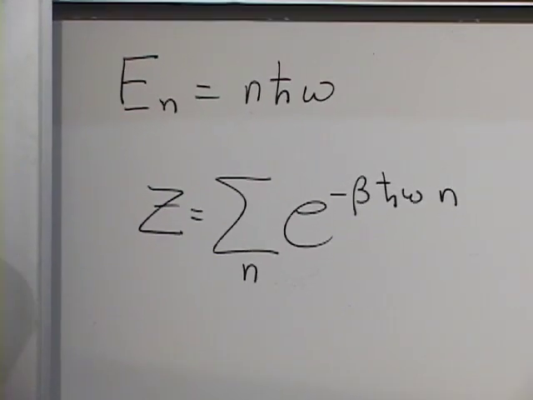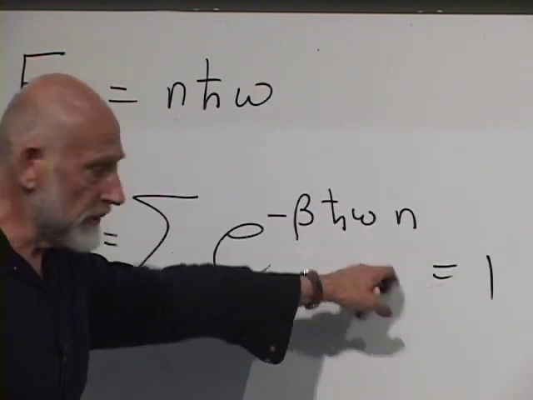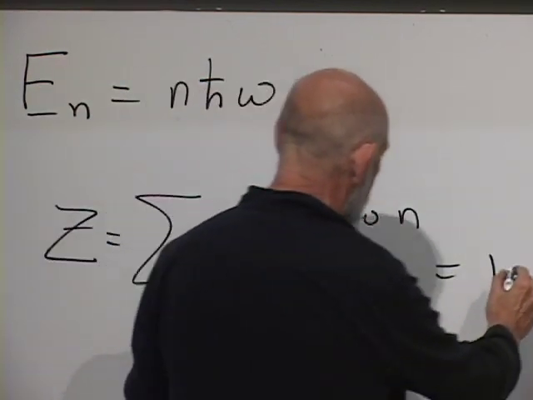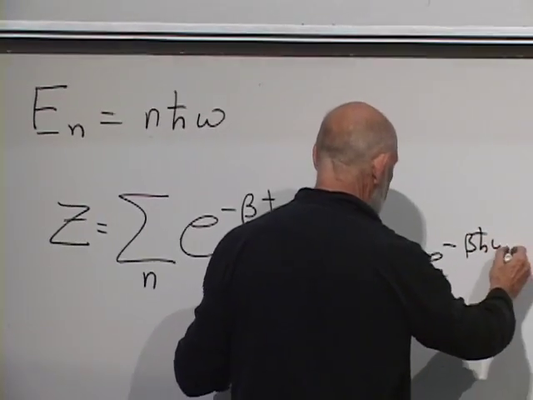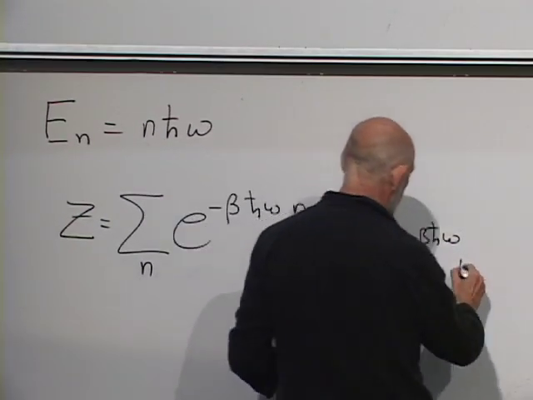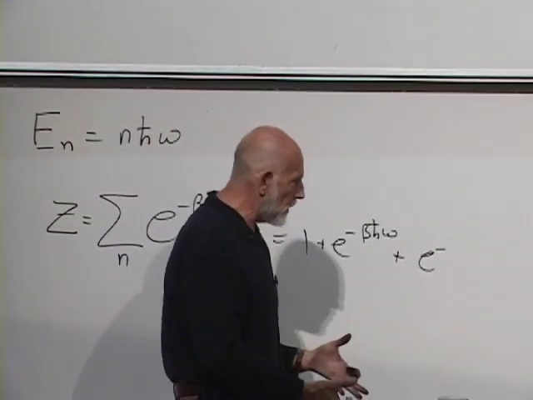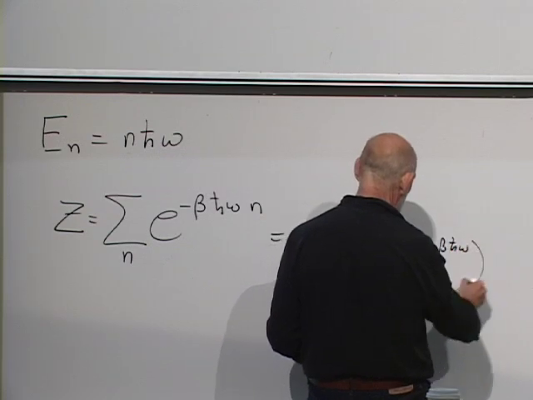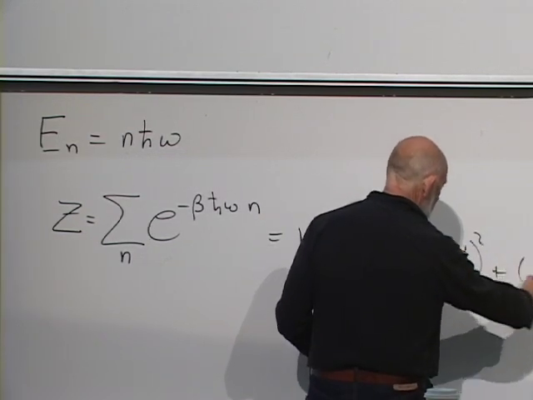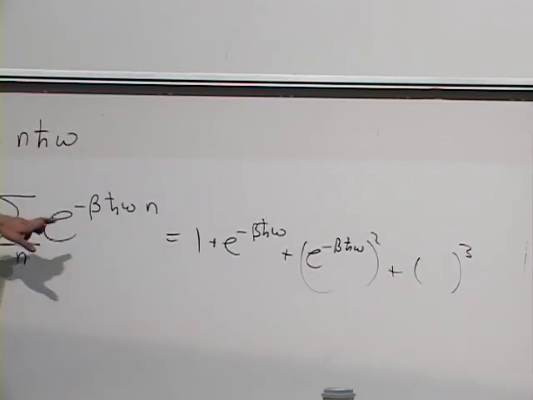So for example, this is 1, that's n equals 0, plus e to the minus beta h bar omega for the first excited level, plus e to the minus twice beta h bar omega, which I'm going to write as e to the minus beta h bar omega squared, and then plus the same thing cubed, and so forth. That's what this n does here.